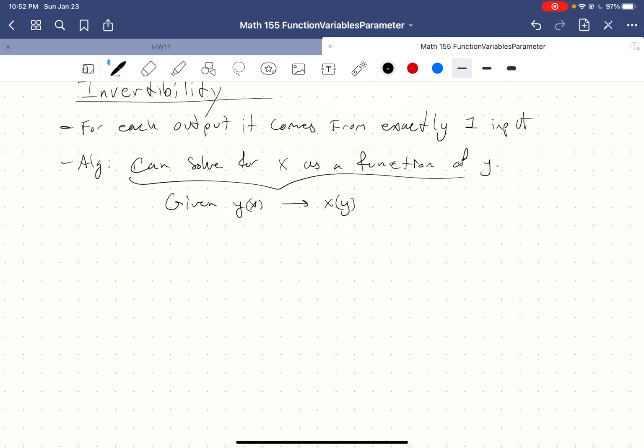For example, let's just look at a line, y equals mx plus b. I can solve for x. I can say x is equal to y minus b divided by m. So on the right-hand side, my input is y and my output is x, and on the left-hand side, my input is x and my output is y. This is invertible.